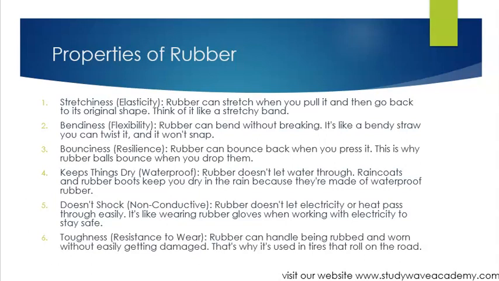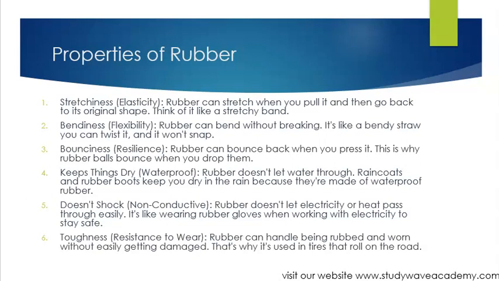Just like a rubber band, you can stretch it and it goes back to its original size. So rubber is very elastic, meaning it can stretch when you pull it and then return to its original size. Okay?